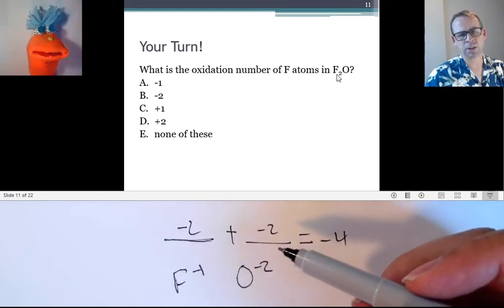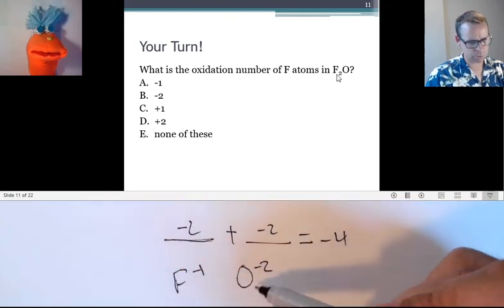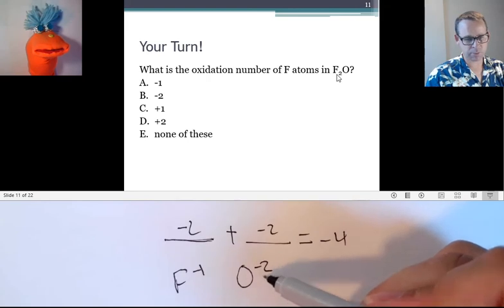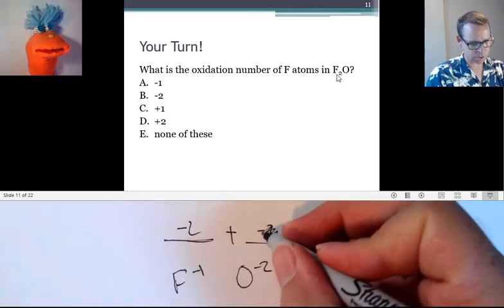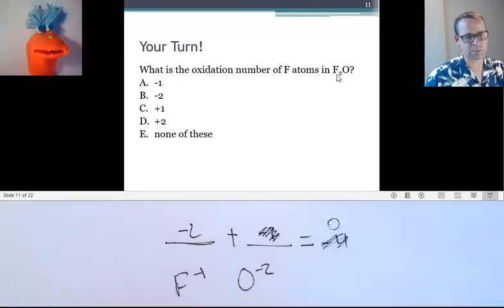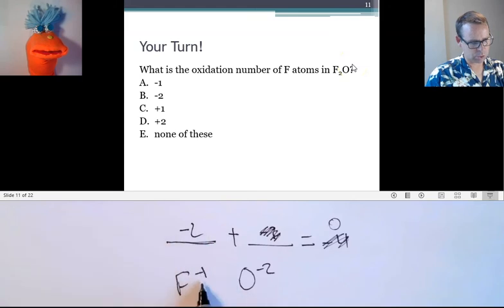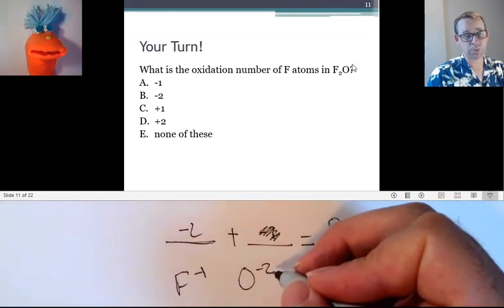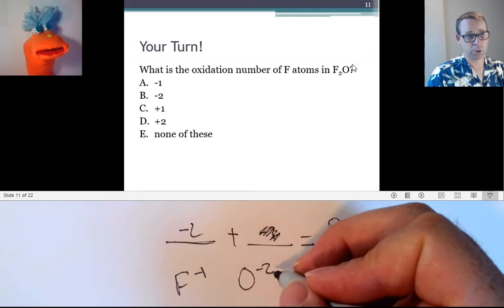Which one was higher on the list? The fluorine rule or the oxygen rule? The fluorine rule. Okay, so that means we have to concede the oxygen rule. Because the sum of this has to be the charge on this species, which is 0, 2 of these -1s, -2, that means the oxygen here has to have what oxidation number? +2?